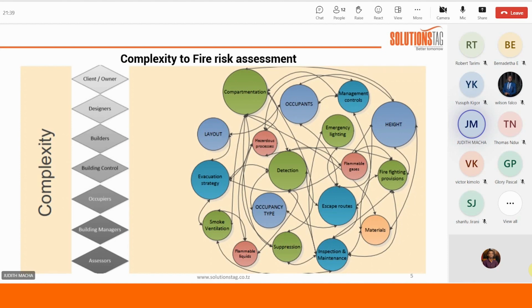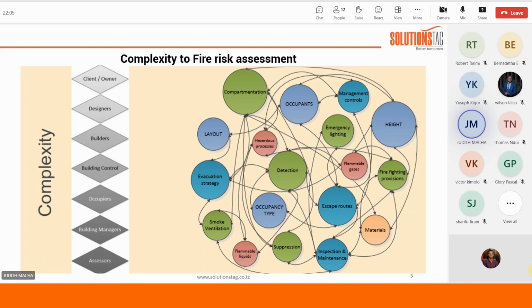You have the occupiers, who need to be safe in that area. You have the building managers, who need to understand what is required from a maintenance perspective, to maintain the structures and the equipment.